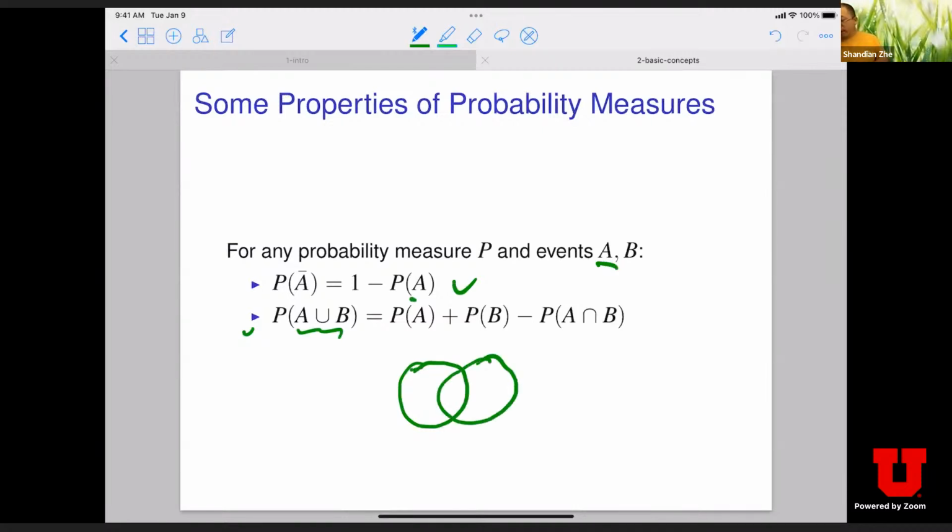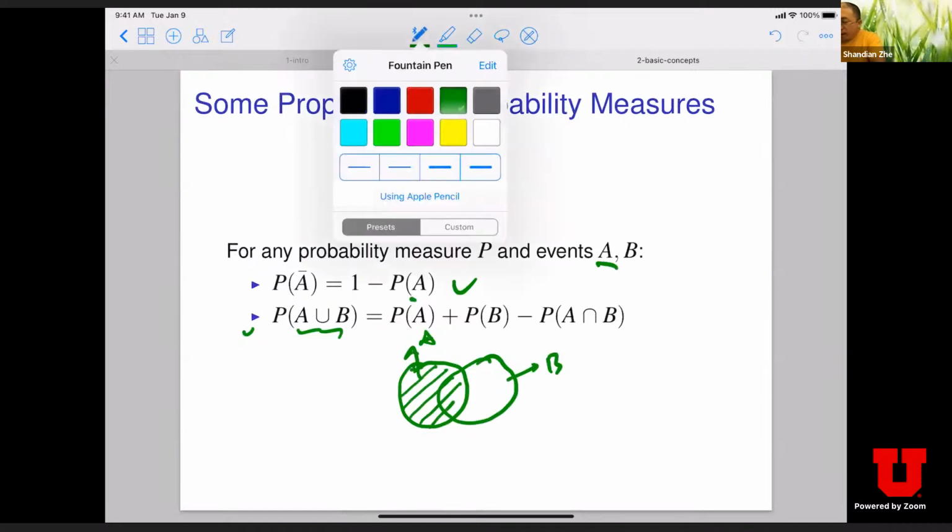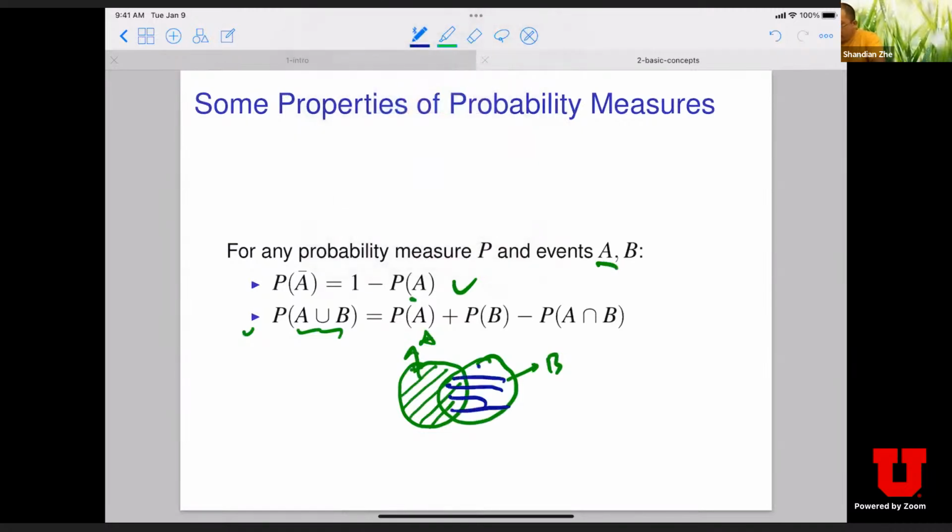This is A, and this is B, and the probability of A union B is the area of A union B. It can be computed by adding the area of A and the area of B, and then subtracting the area you counted twice.